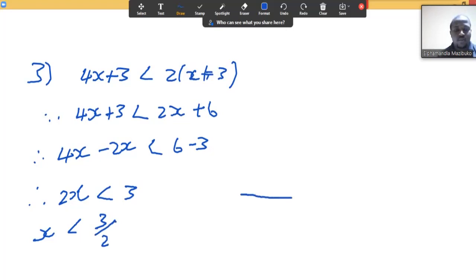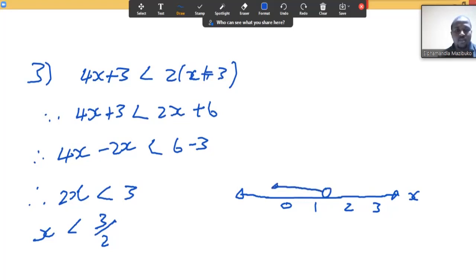Let's say our number line will look like something like that, and this is our x. We have 0, 1, 2, 3, and 3 over 2 should be somewhere around here, but we're saying that x is less than that, so x is less than all this here.